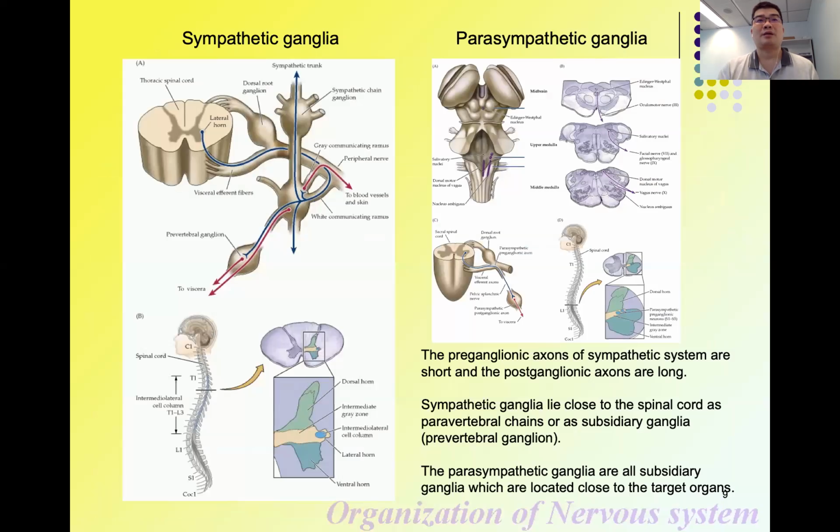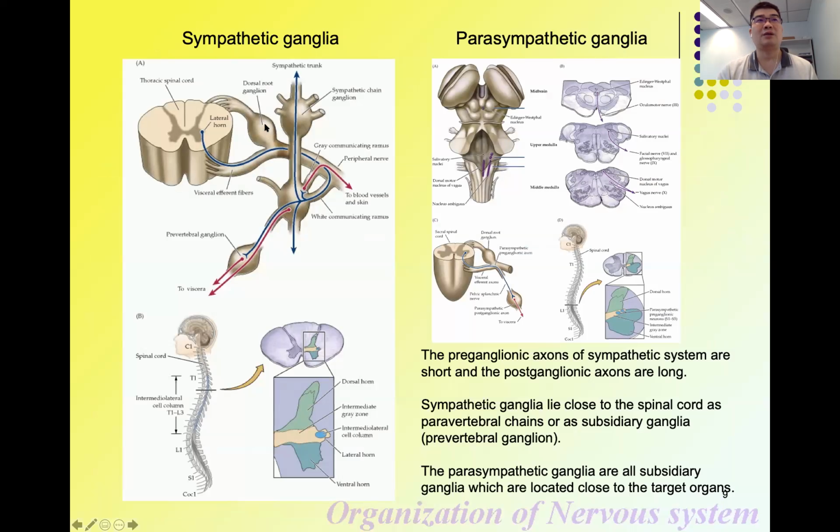So we talk about the ganglion. A ganglion is actually a part outside the central nervous system where a lot of neurons reside. Okay, so here is one of the figures.